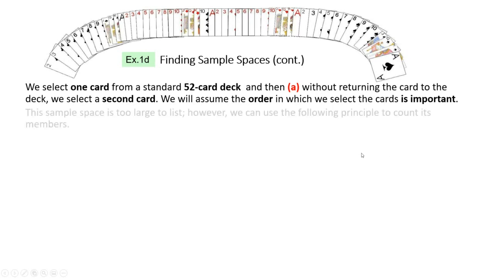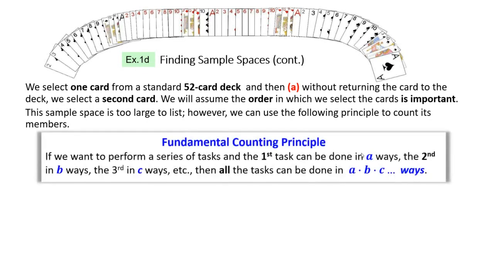Okay. In this experiment, the sample space is too large to list all the outcomes. We can use the fundamental counting principle to list all possible outcomes.